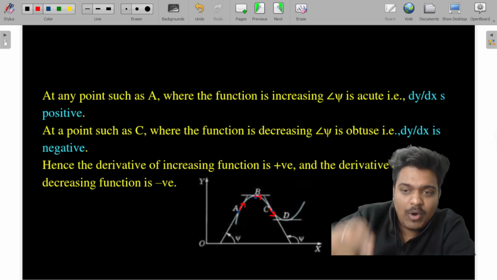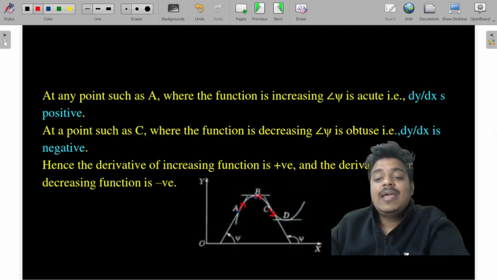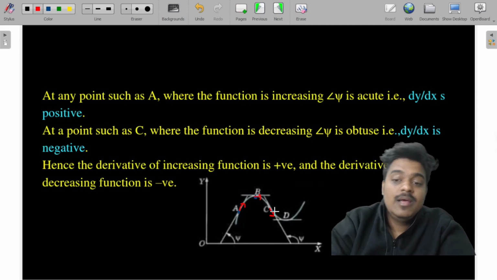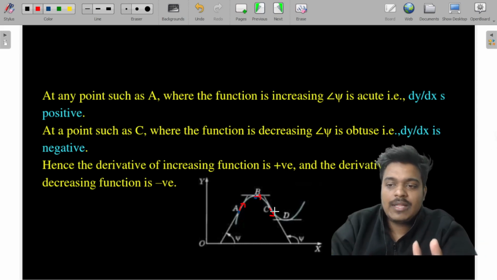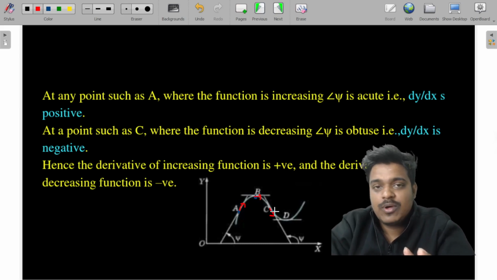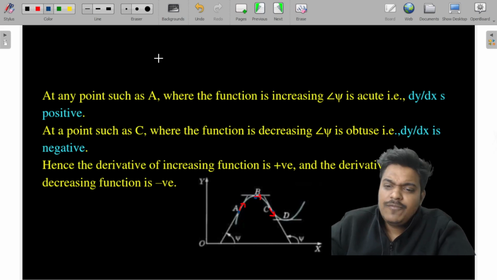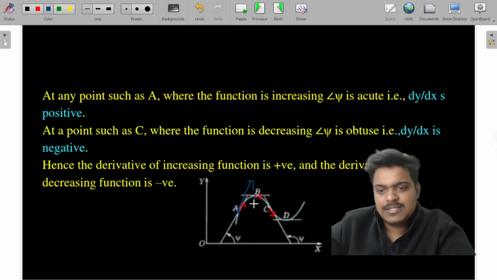But the very important part here is that you need to understand why I am saying it is increasing or decreasing. From the graph it is visible, but how to use it in terms of formula, because you cannot draw another graph for every other function that you get in the question. Now suppose you draw a tangent at A, it goes like this.